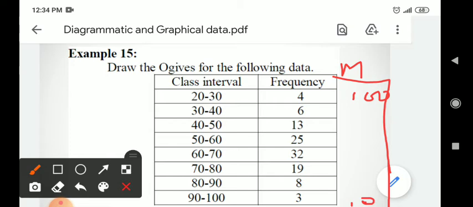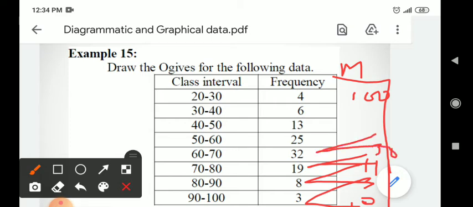Now 0 plus 3, right here 3, 3 plus 8, right here 11, 11 plus 19, right here 30, 30 plus 32, right here 62, 62 plus 25, right here 87, 87 plus 13, right here whatever value comes you have to write here.